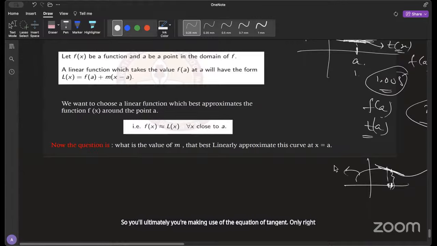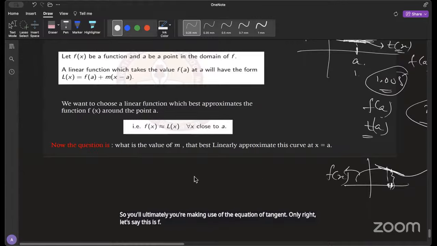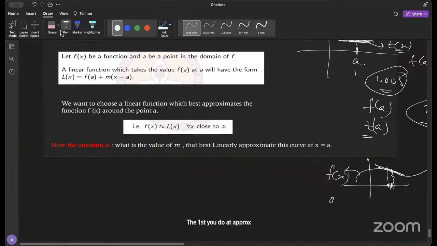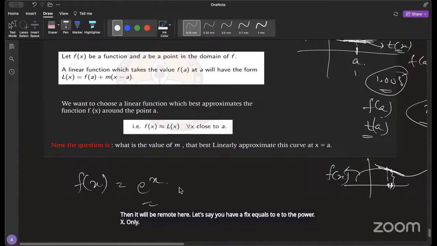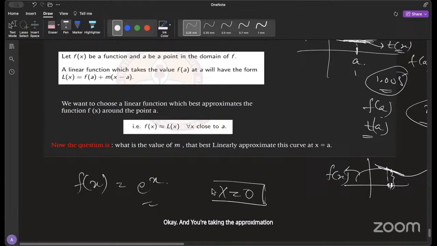Let's say if this is f(x), then to find the linear approximation, let's just do an example, then it will be more clear. Let's say you have f(x) equals e to the power x only, okay? And you're taking the approximation at x equals 0.